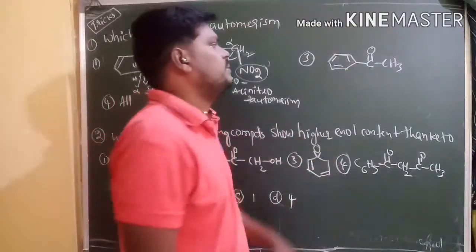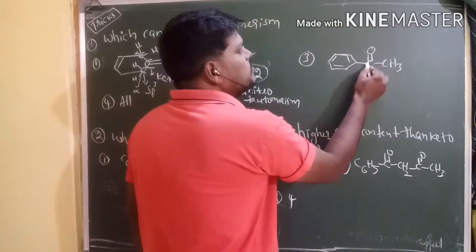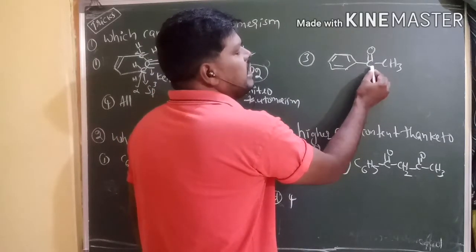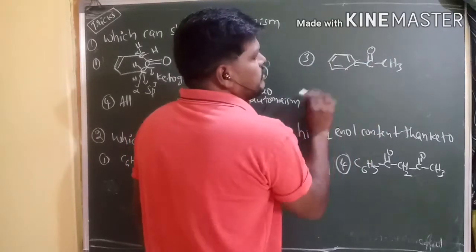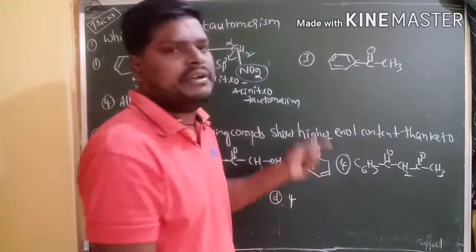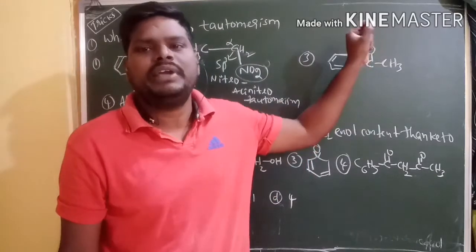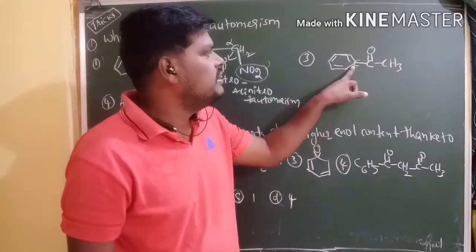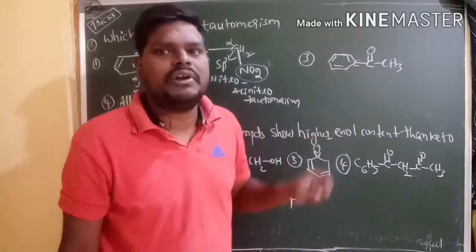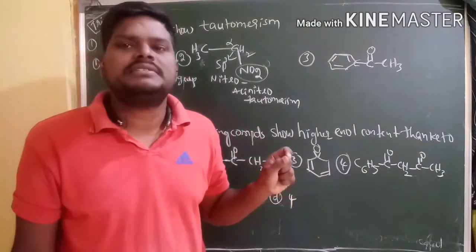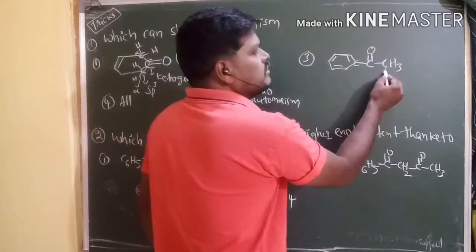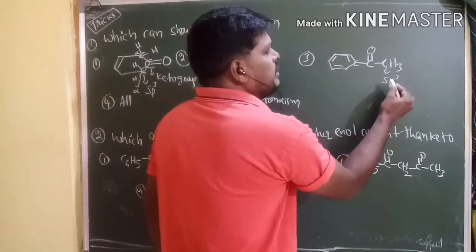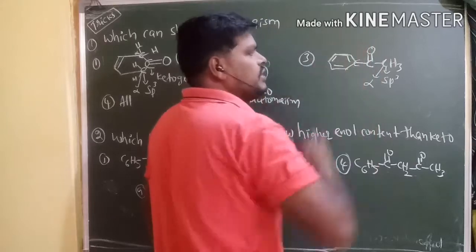And coming to this one, here is the keto group. The keto group is attached to this carbon and also this carbon. This carbon does not support tautomerism because it is unsaturated, and saturated carbon is the first condition. The other carbon is saturated, sp3, and acts as the alpha carbon.